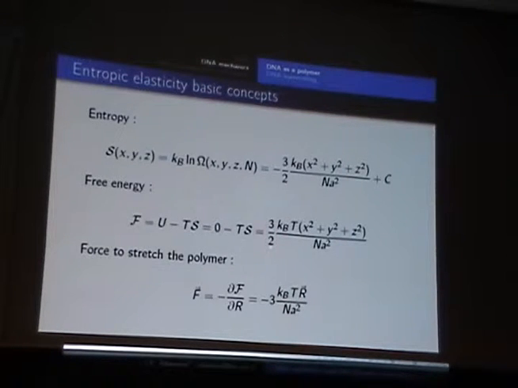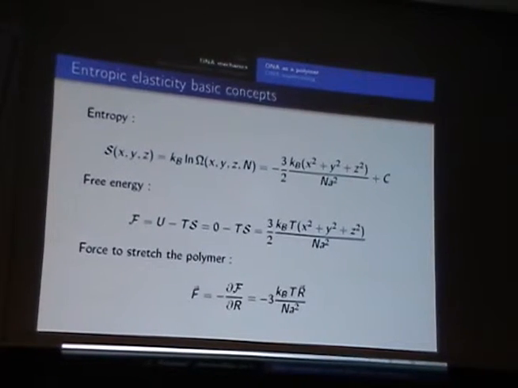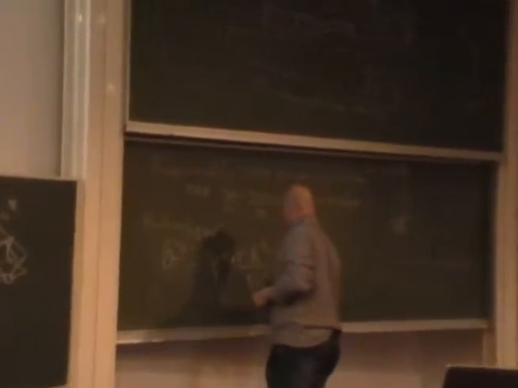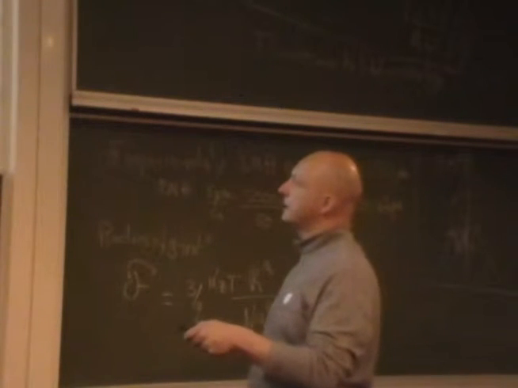Here you have the R squared, you have to derive relative to R. So you get a factor of 2 that comes; maybe I should write it. So the free energy, I can write it, 3/2 of kBT times R squared divided by a squared. I derive this relative to R and I get this result.